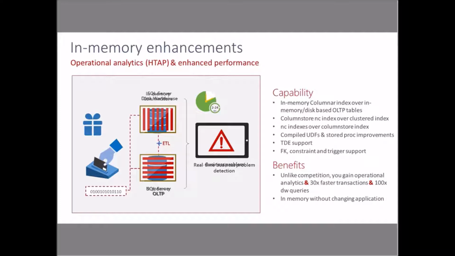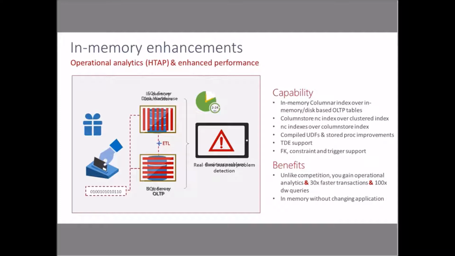Okay, good stuff. Having compiled functions and stored procedures compiled into .NET code to deal with our in-memory tables again yields a vast improvement, in the hundreds of percent better than traditional stored procedures. Transparent data encryption support, constraint triggers, foreign keys, all that with our in-memory tables. So unlike the competition, you gain operational analytics, 30 times faster transactions, and 100 times faster data warehouse queries.